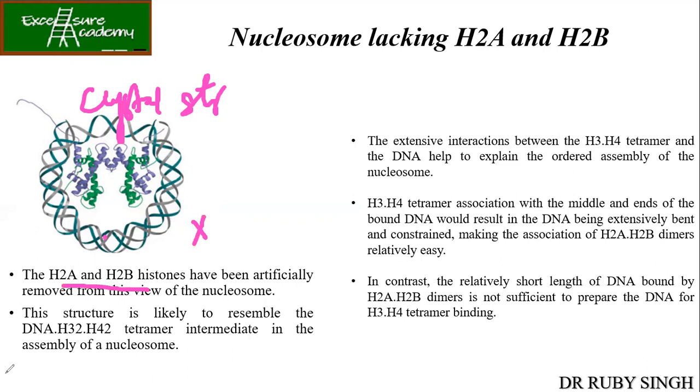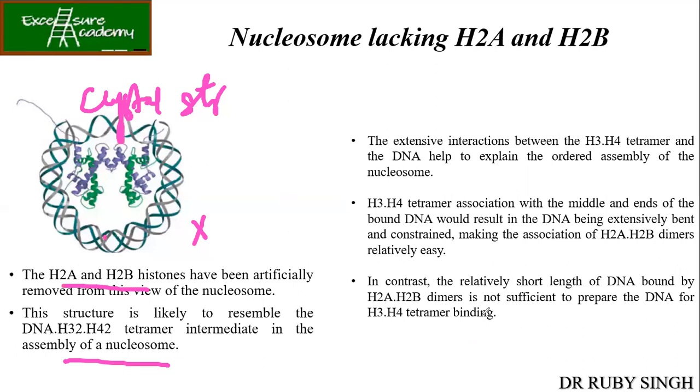Okay. Now this structure resembles the DNA H3 H4 tetramer intermediate in the assembly of the nucleosome, which we have already discussed in the previous lecture. Okay. So guys, if it is not clear, please go back to the previous lecture, lecture 8, and go through how exactly the nucleosome is assembled.